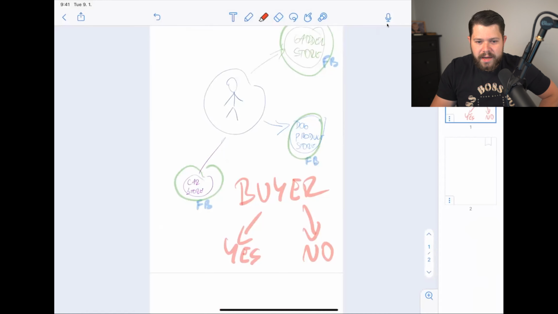So their main thing that they need to figure out is if they buy or not, okay? Do these people buy often or not? They don't care if these people buy car products or pet products often. They care literally buyer or not, okay?